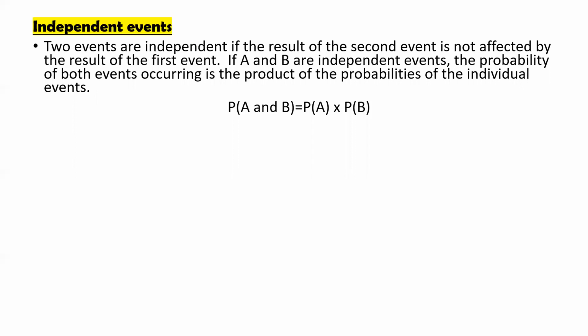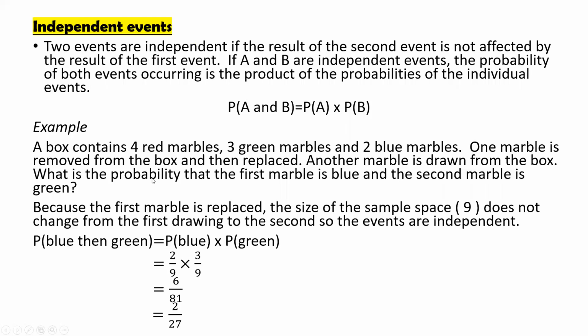So when the two events are independent, that means the probability when you want the first time you get head, the second time you also want to get head, you need to multiply the probability of the first time by the probability of the second time. If you want to get both heads, like A and B, means head and head, the chance is half times half. That is the meaning. Okay.